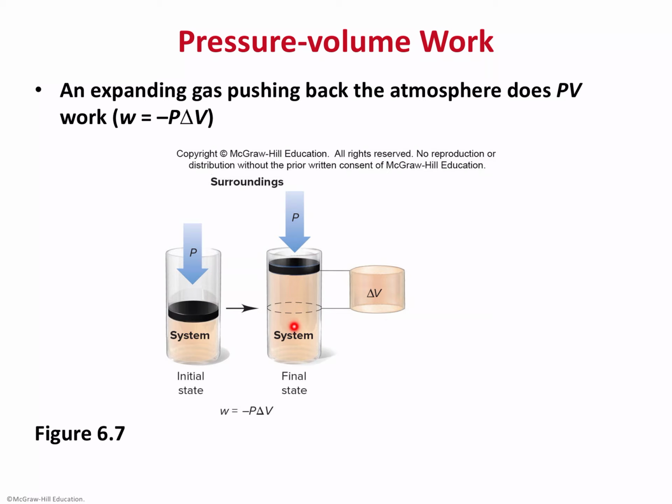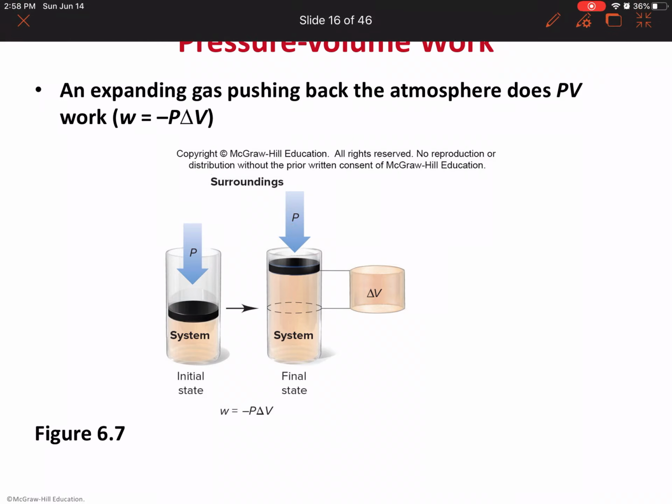If the system loses energy, what should be the sign of W? It has to be negative. So to indicate that, the equation itself has a negative sign, negative P delta V, because the pressure is going to be the external pressure.